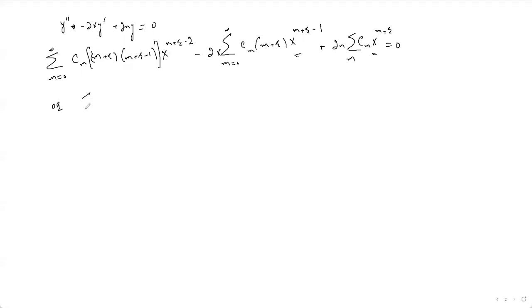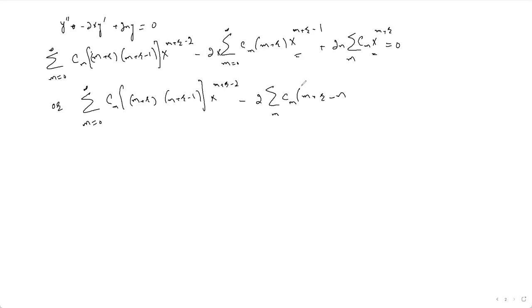Or I can write down this equation as summation m running from 0 to infinity c_m (m plus r) into (m plus r minus 1), then x raised to power m plus r minus 2, minus twice summation over m running from 0 to infinity c_m (m plus r minus n).